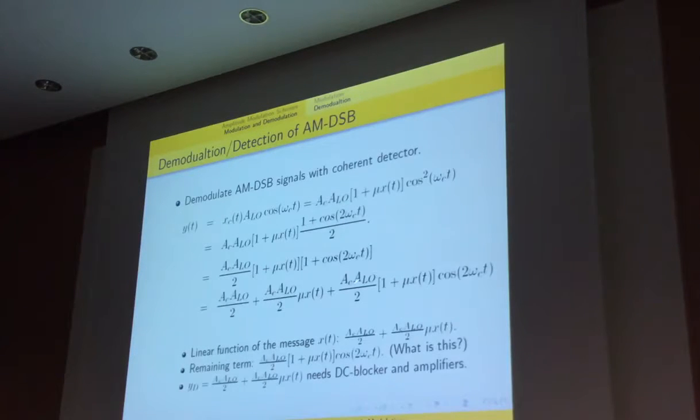Okay, so can you tell me what's the bandwidth for this signal? 2B, yes, very good. Now, can you tell me what's the frequency range for this signal? It should be 2Fc minus B to 2Fc plus B. Am I right?